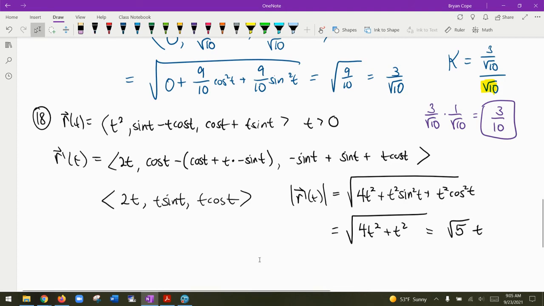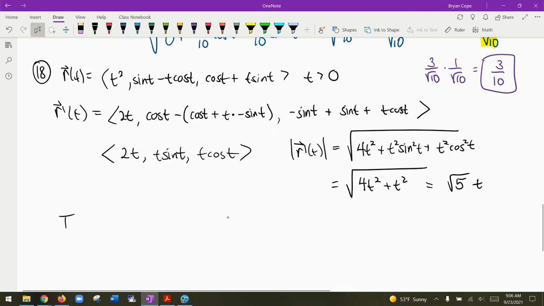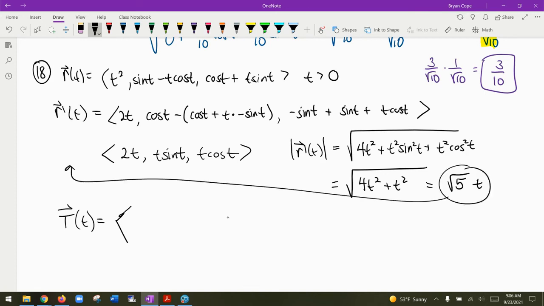Okay, that's not so bad. So big T of t is the function. Let's see, we're doing 1 over root 5 t out in front of here, right? That's going to be out in front, 1 over that.